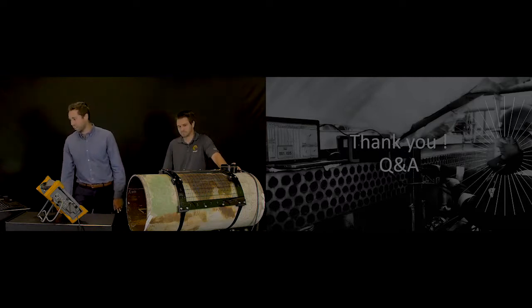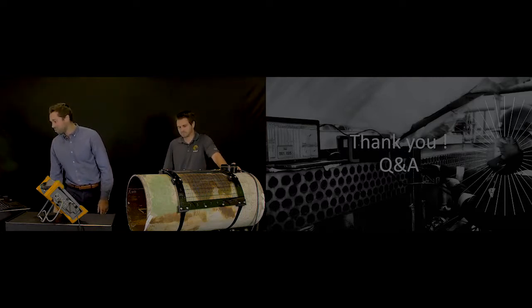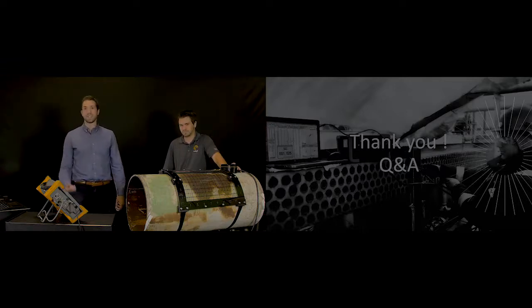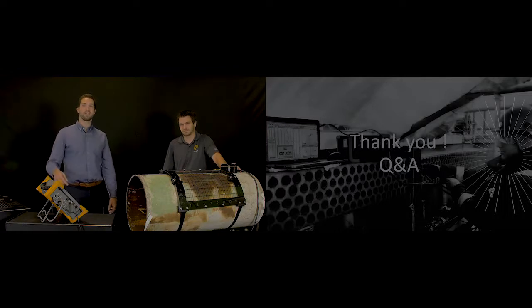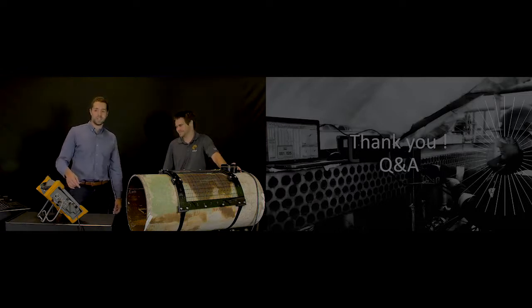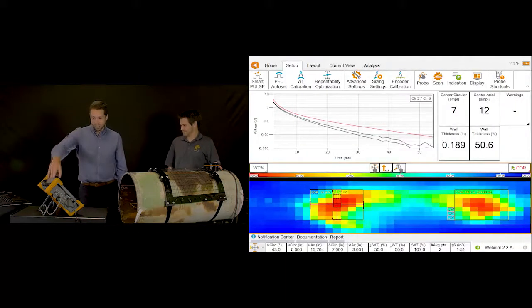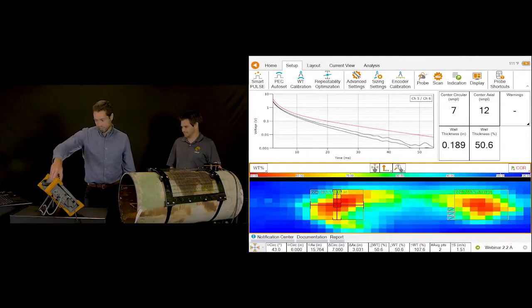Someone is saying, you said there are probe shortcuts. Where do I find the list of those shortcuts? Hey Tony, could you put us back on the lift-off, please? Good? Okay, cheers. So if you go in the setup, you'll see on the far right there is probe shortcuts.